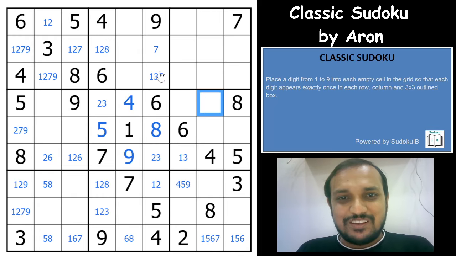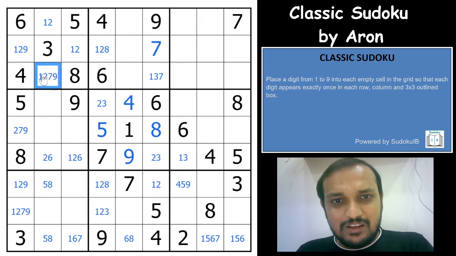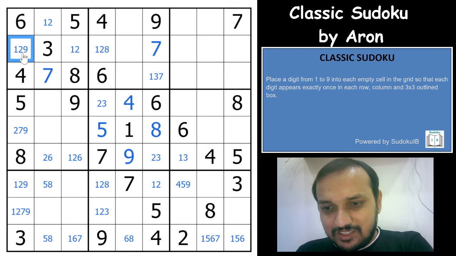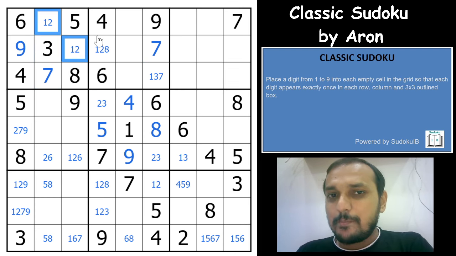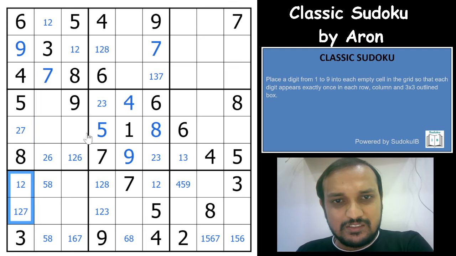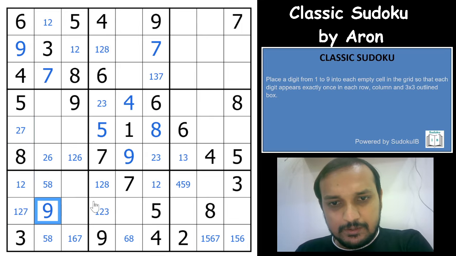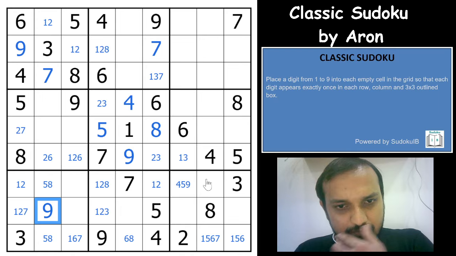Really, really amazing. The moment you eliminate 1 and 2 from this cell, it becomes a 7 here. That eliminates 7 from this cell, this cell becomes a 9 because you have a 1, 2 pair here. This 9 eliminates 9 from all of these cells, and you get a 9 here, okay.